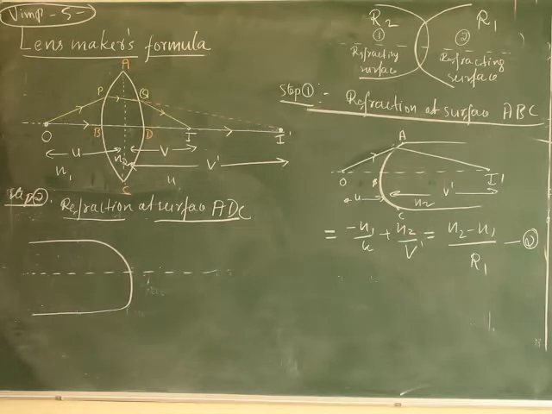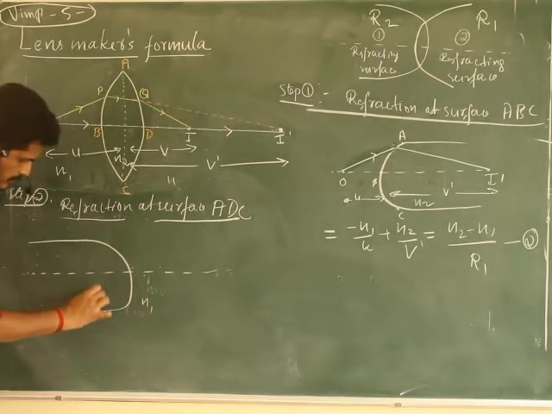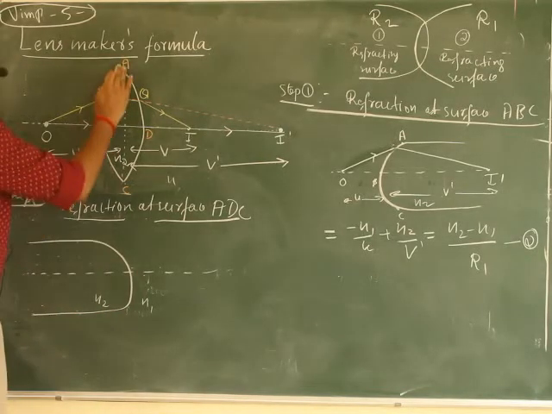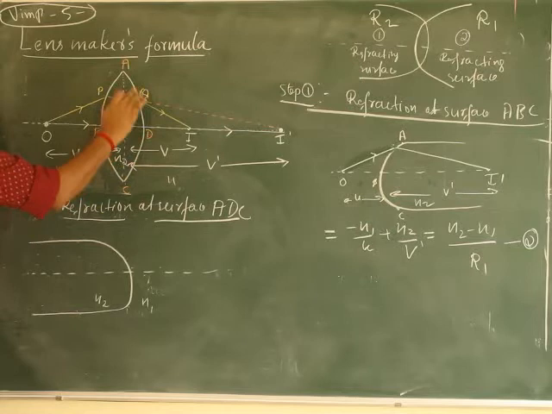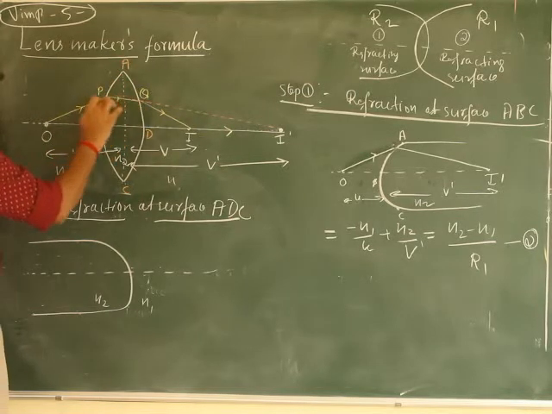But where is the object now? This is N1. This is N2, correct? But whether the object is there, if you forget about this one now, the object is not there. Why? Because the light has bent like this only because of this surface. If this surface was not there, this ray of light is not possible.